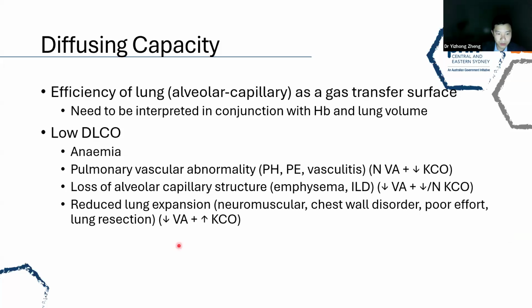In this case, we have a reduced single breath alveolar volume but increased KCO, as the entire cardiac output is diverted to go through the normal capillary system.